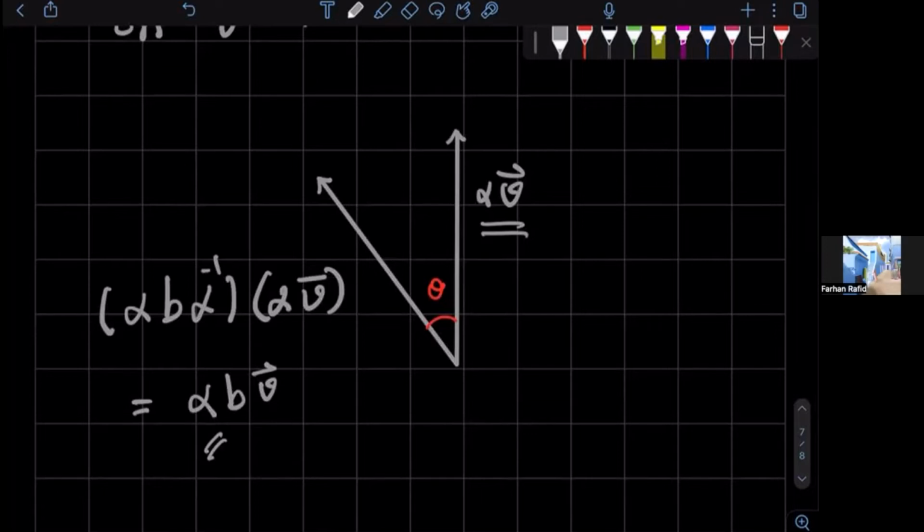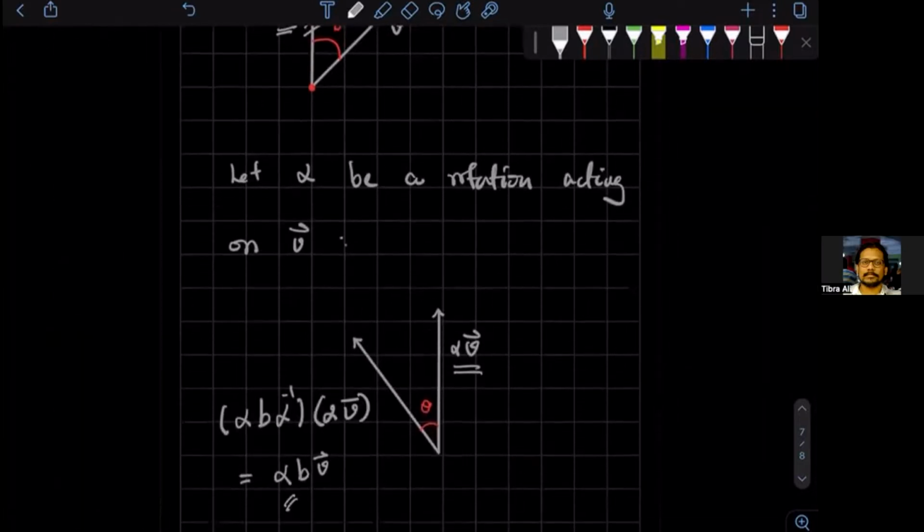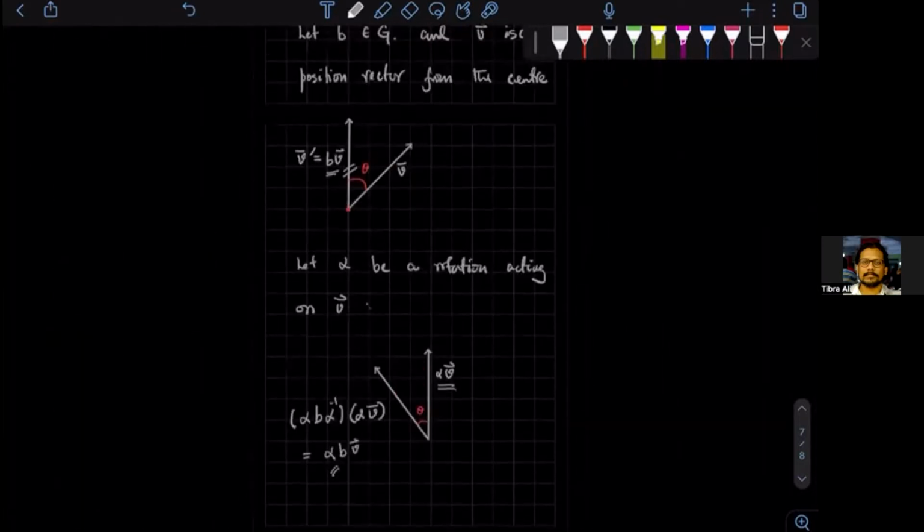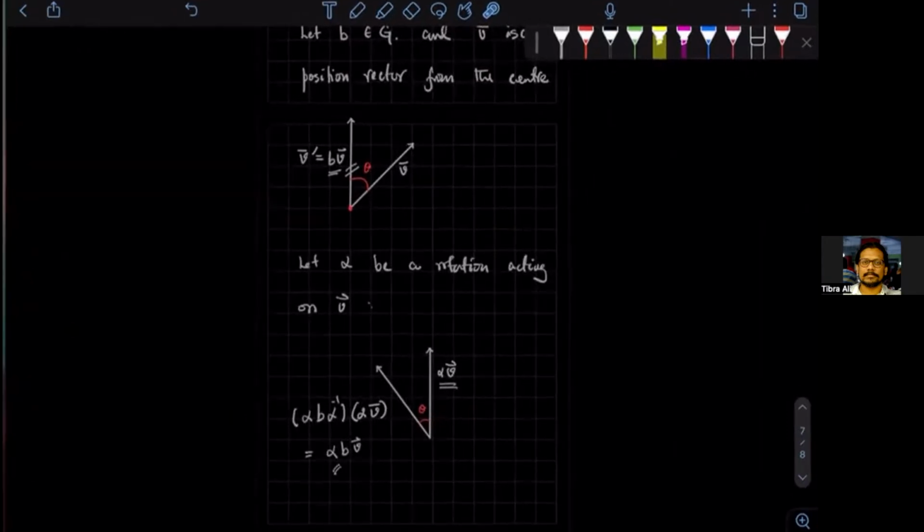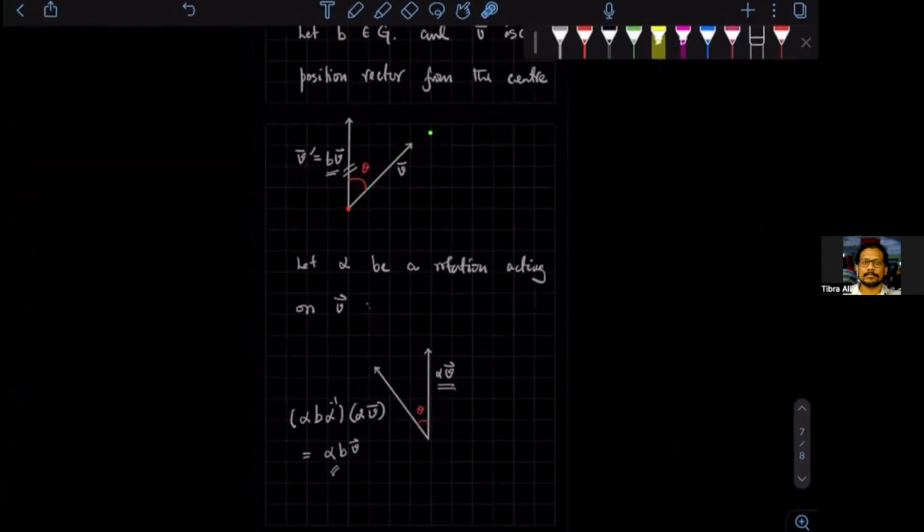So could you repeat the explanation of alpha B V and just B V? Right. So let's take those pictures again. Suppose that we have some vector, say V, and we do some transformation on the vector by B. We say it involves rotating it by some angle theta, right? Or it could be a reflection. It could be some general transformation.